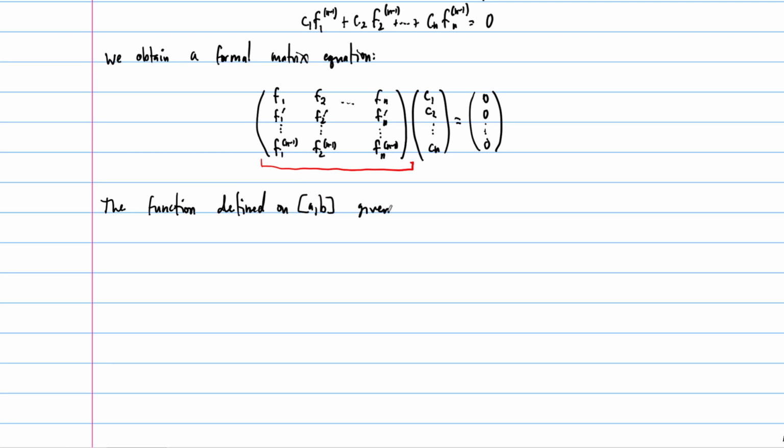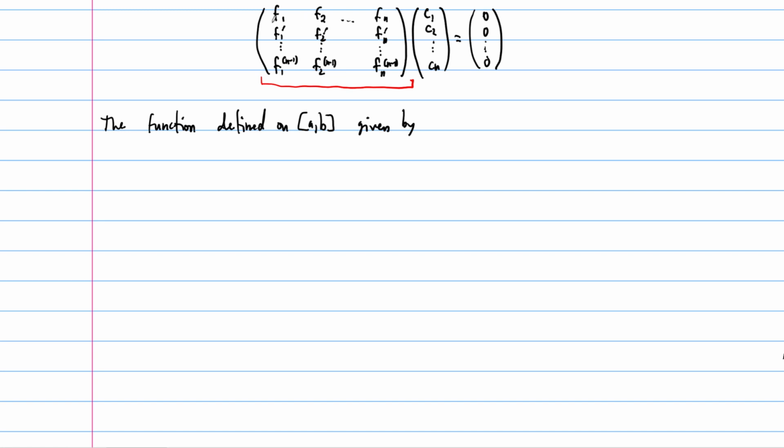If this matrix is called W with a hat, then the function is given by W, which in our book they write W[f1, f2, ..., fn](x).